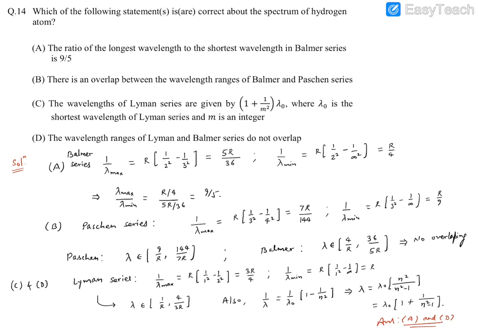We can write it as minus 1 plus 1, so that simplifies to 1 plus 1 upon n square minus 1. Now n is an integer, of course, so it comes as 1 plus 1 upon integer square minus 1, times lambda naught, whereas the option says 1 plus 1 upon m square. So these two are not matching. That is, m square would have to equal n square minus 1, and an integer square minus 1 is not going to be the square of another integer. So the statement in option C is not correct.